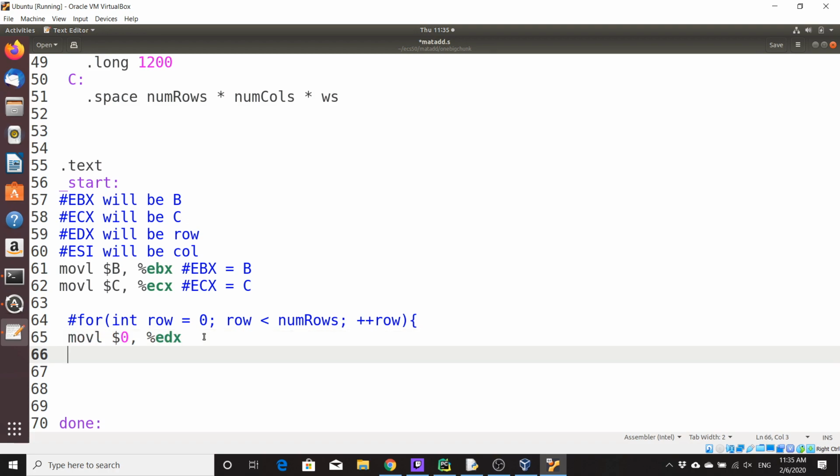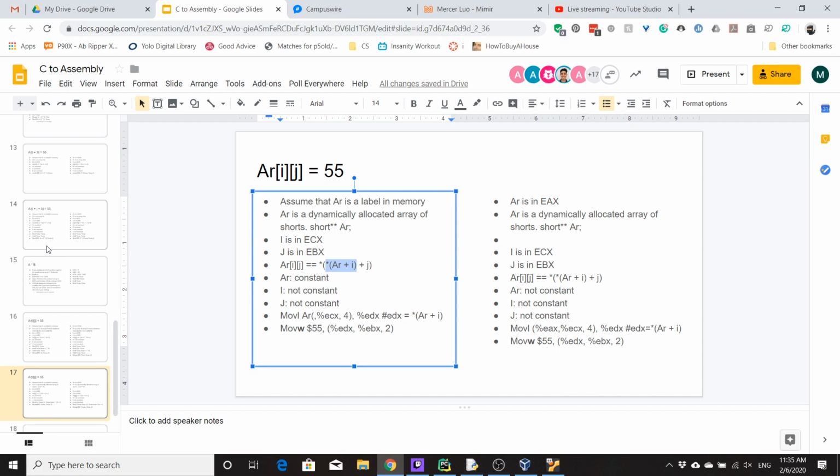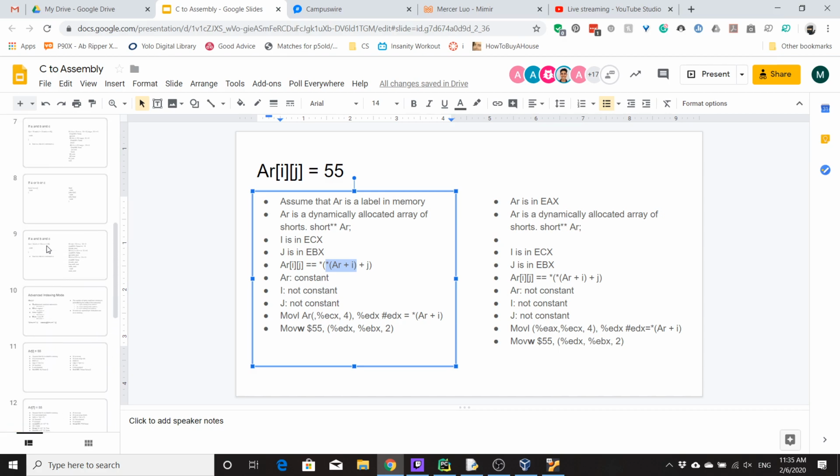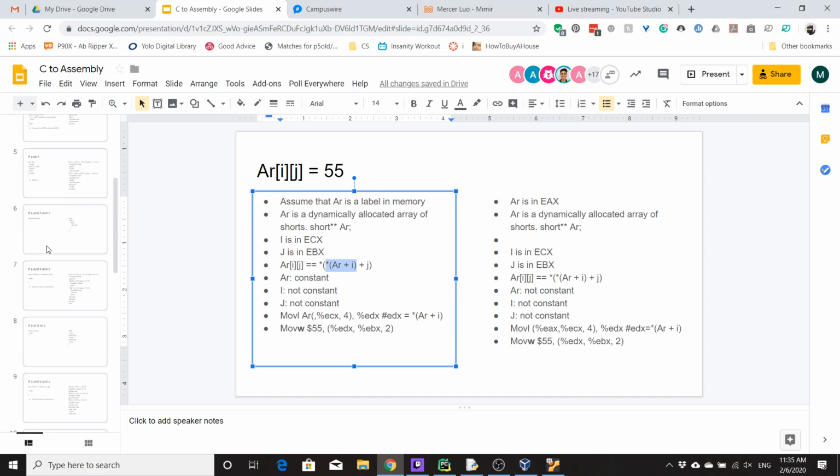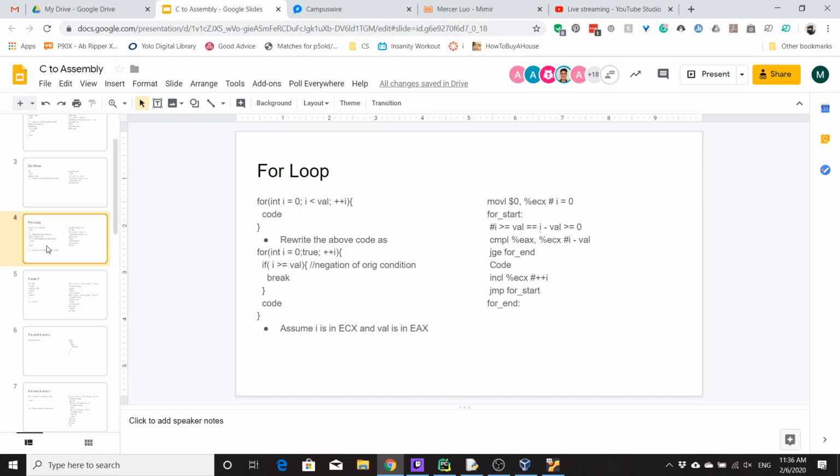How do I do the next part? This is what we covered on Tuesday. All right. You look at the slides. We go back to for loop.